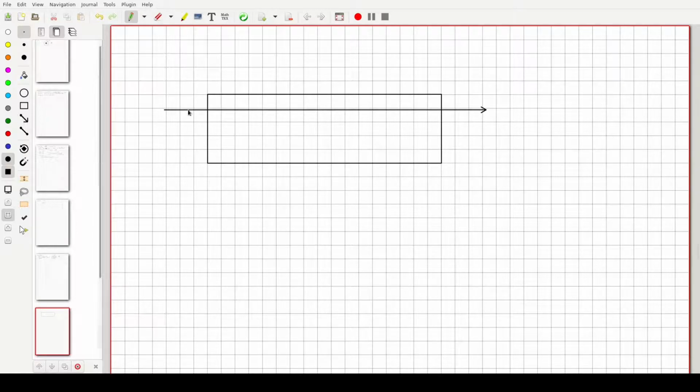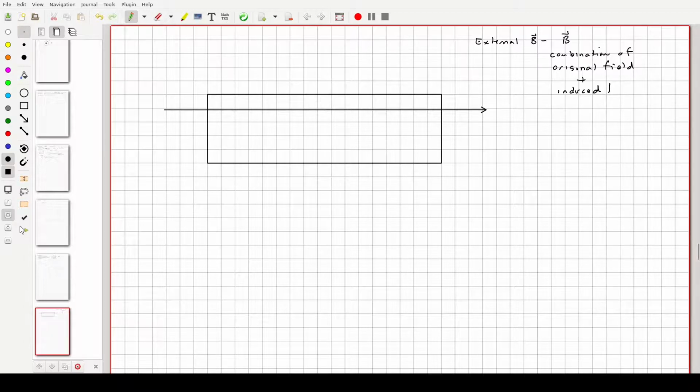Okay. Now we're going to separate this up into groups. We have the external magnetic field. We're just going to call this B, and it's going to be a combination of the original field plus any induced or present field.